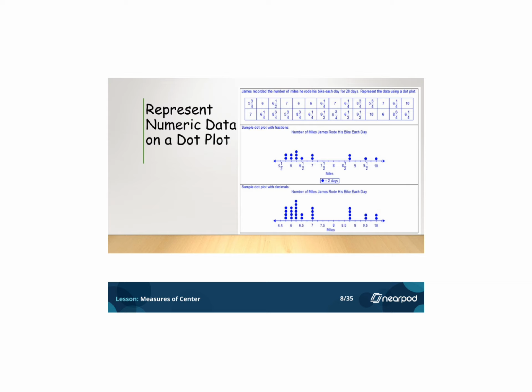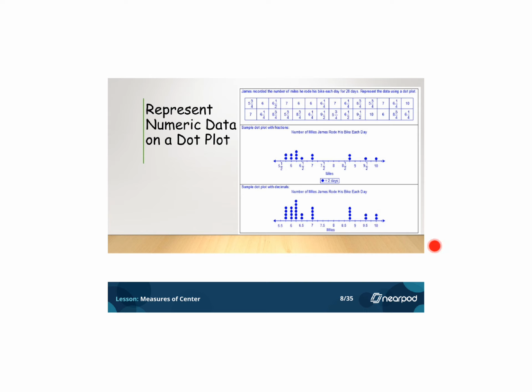So again, all these numbers right here are the 28 days that James went bike riding. These numbers are telling us each day how many miles he rode. So the first day he rode that many miles, second day that many miles, third day that many miles, and so on. So on the previous slide, it told us that we need to create some type of number line.